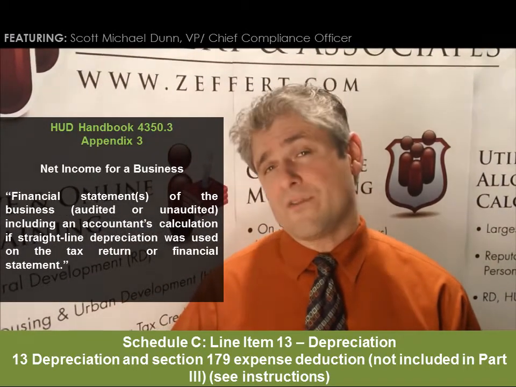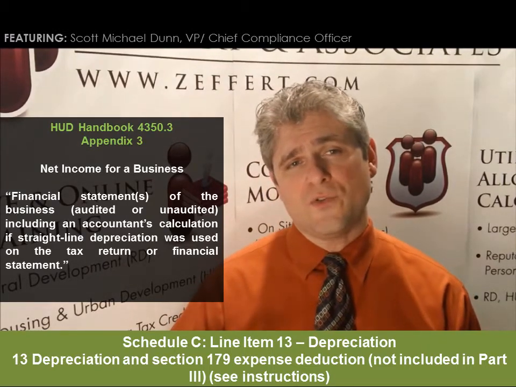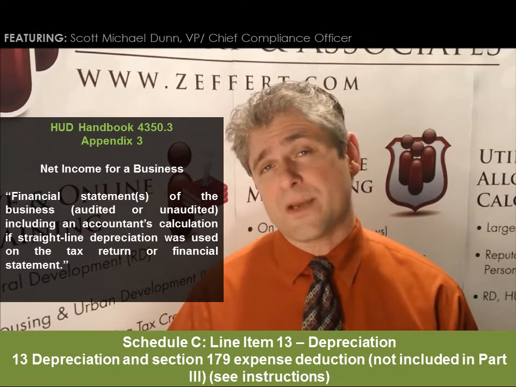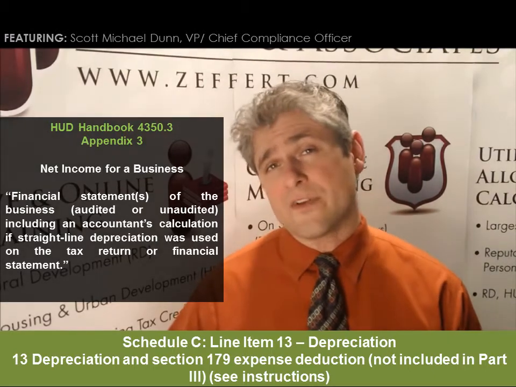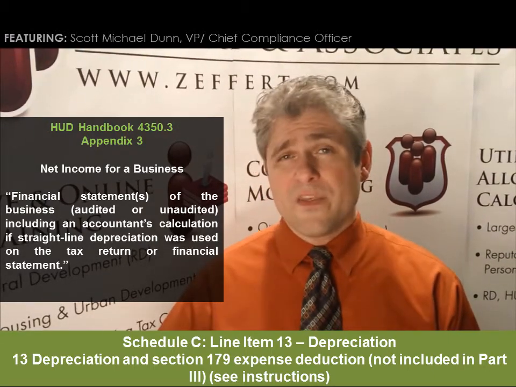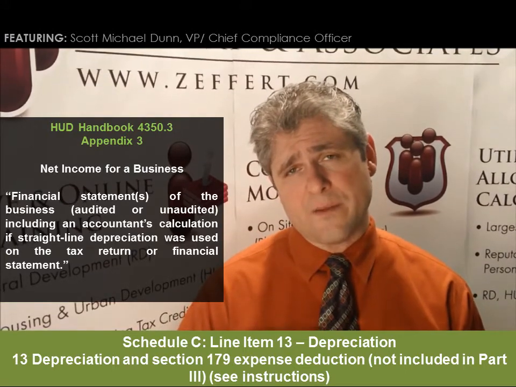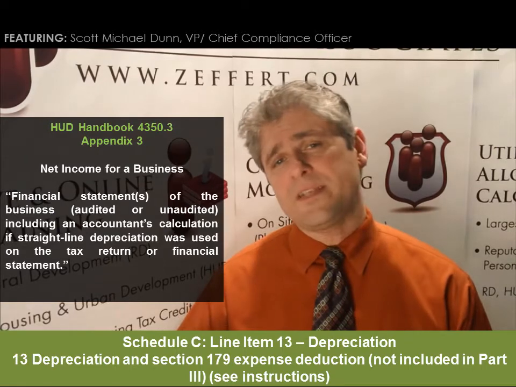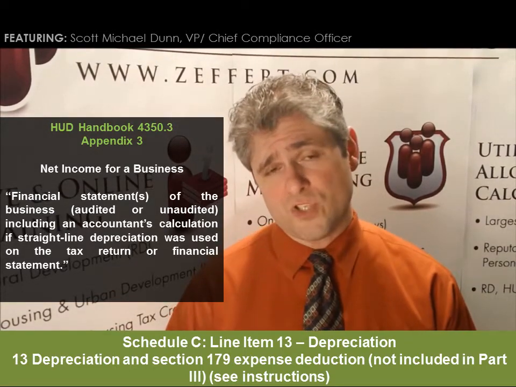HUD further clarifies in Appendix 3 of their handbook that the business owner would need to provide an accountant calculation of straight line depreciation expense if the accelerated depreciation method was used on their tax return. This means that if depreciation is listed on the Schedule C when you're examining the net income from a business, clarification must be obtained to demonstrate what method of depreciation was used.